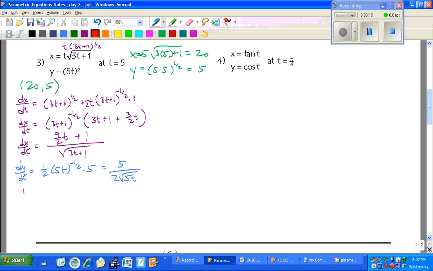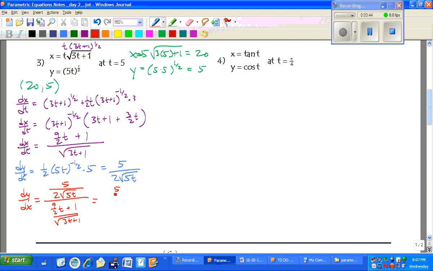So if we want to find dy/dx, just like the other ones, we're taking dy/dt, putting that on top. So 5 over 2 square root of 5t all over dx/dt. Which does not look too pretty, but it's going to simplify out pretty nice when we put 5 in there.